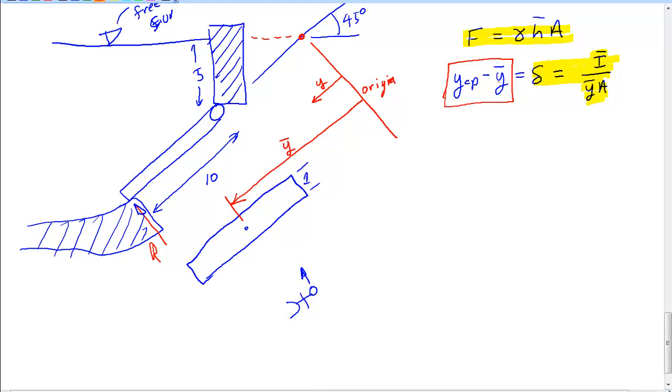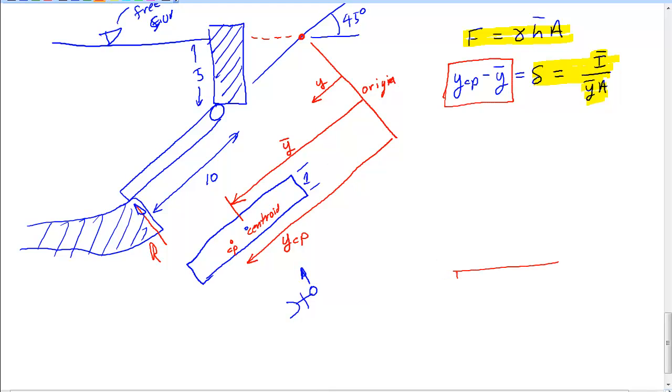Y center pressure minus y bar means that this number is simply the distance below the centroid that the center pressure is located at. And that's all it is. So if I draw my y down here, this is y center pressure. Y center pressure is always greater than y bar.